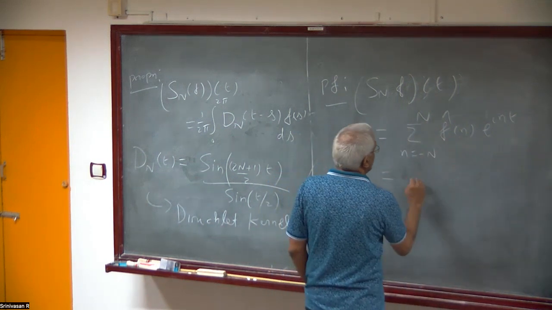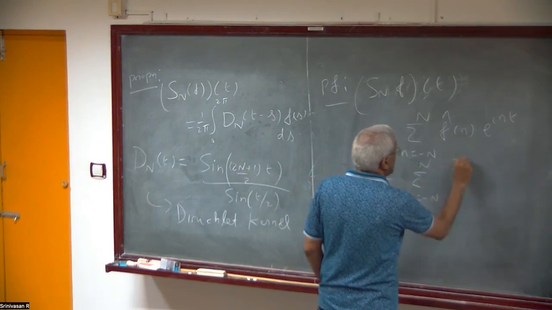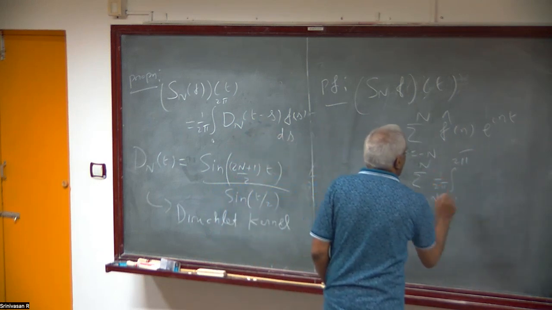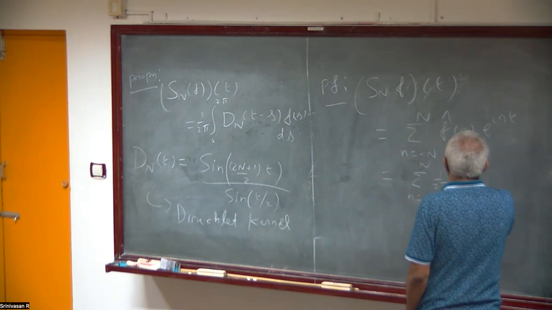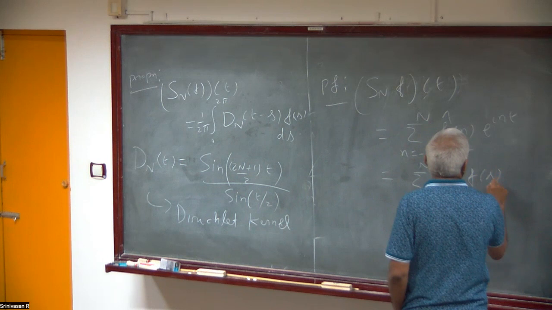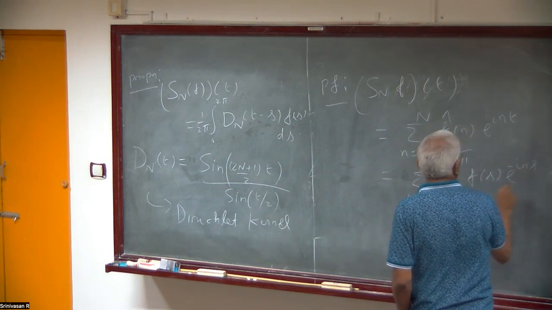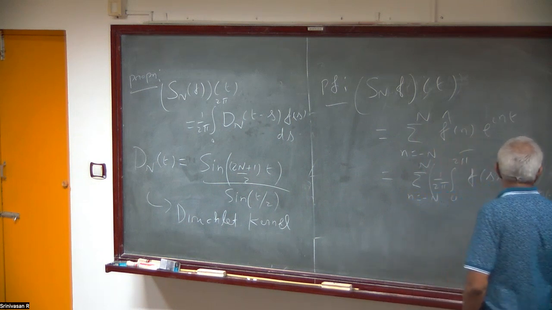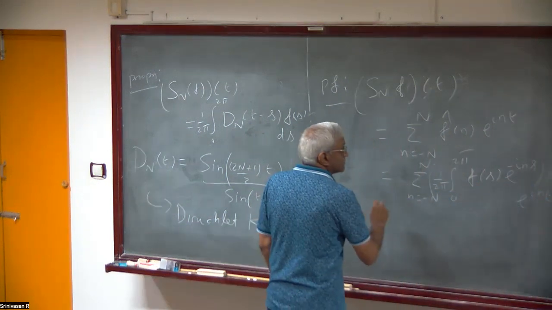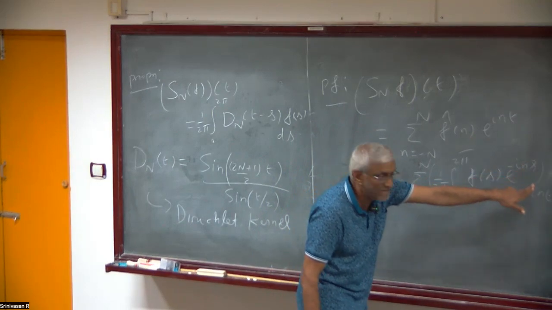Now this is equal to the summation from minus n to n of the integral from 0 to 2 pi, and there is a 1 by 2 pi, of f(s) e to the power minus i n s times e to the power i n t. This e to the power i n t is just a constant, so you can take it inside. You get e to the power i n (t minus s).